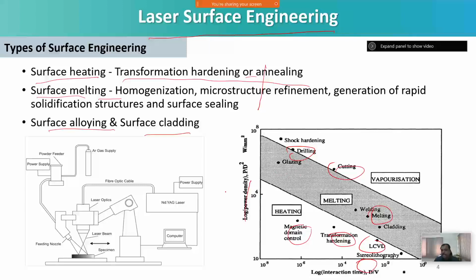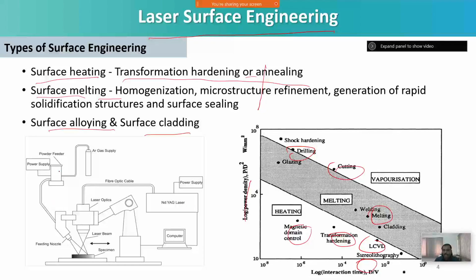And if you look at any laser based application, you may need some kind of feeding mechanism. When you want to feed the powder, you need an actuating mechanism to move the laser from one spot to another, and you need primarily a laser source to create the required energy to do different kinds of operations on the material.